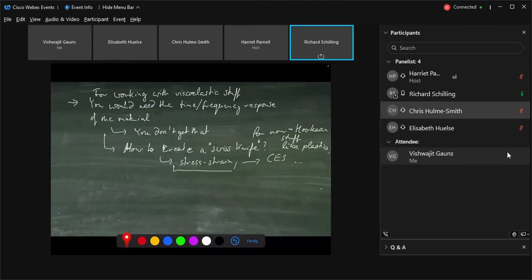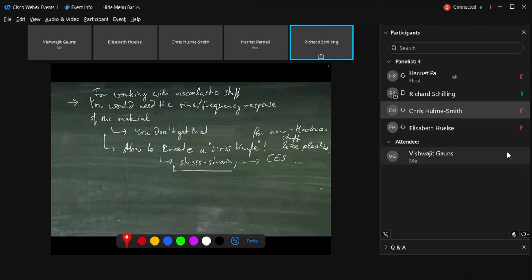So you would need this time frequency response. If you want to make it perfectly, you would have a diagram, such as a creep diagram, but you don't have that usually. If you don't take millions of tons of a certain plastic, you won't get a stress strain or isochronous strain diagram, which you would need for this. So you must find another way.